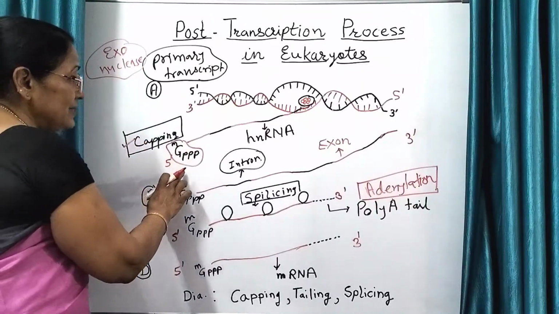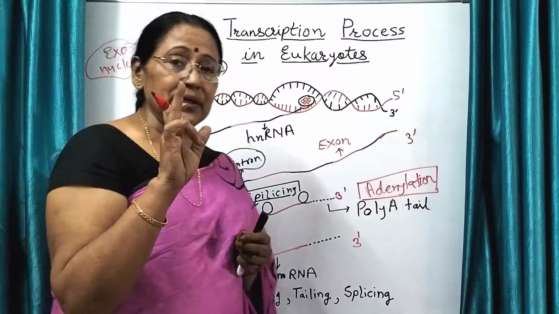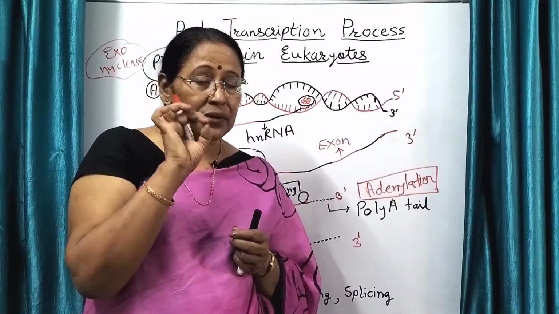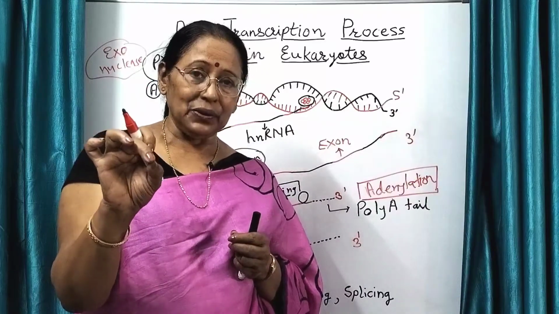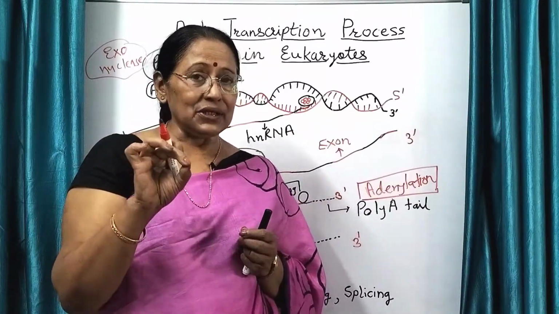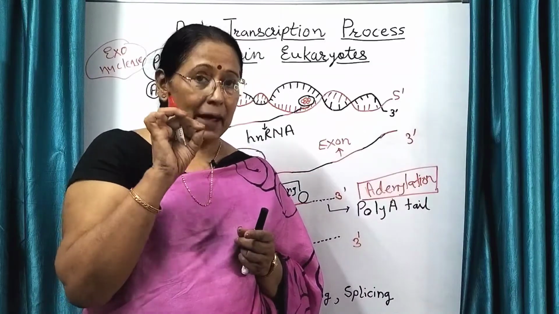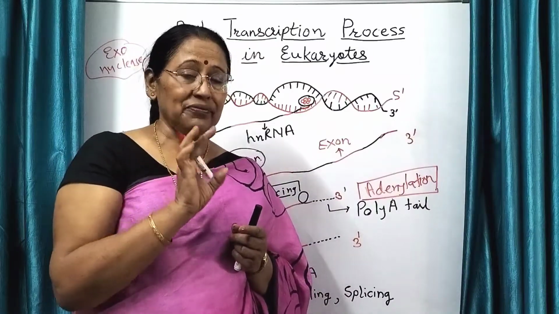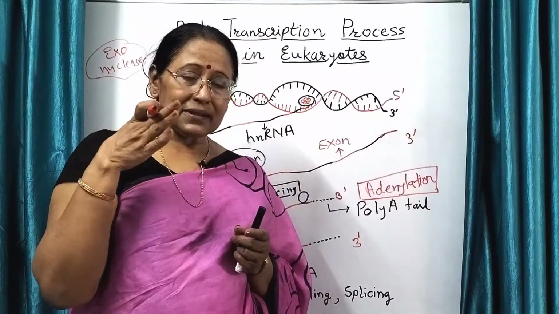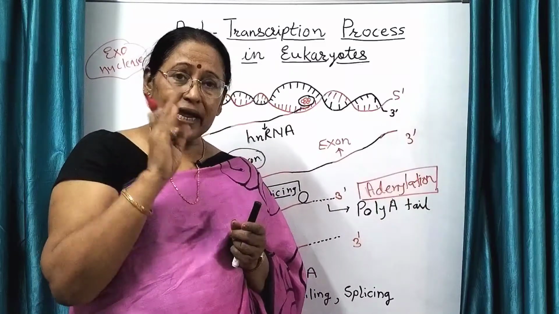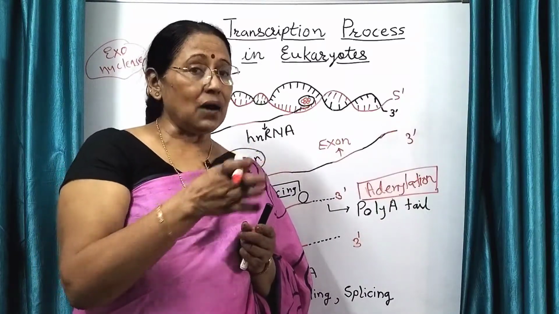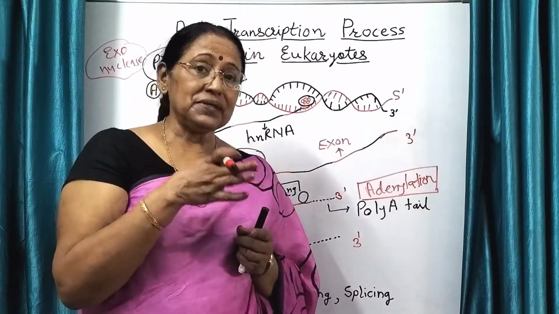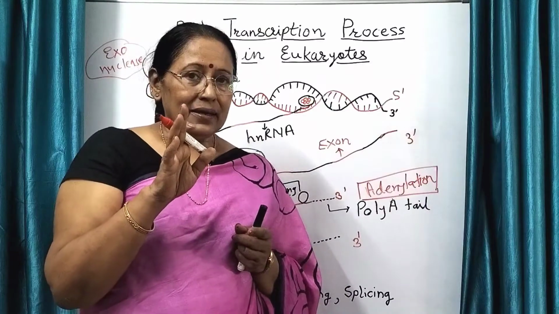Another function: in eukaryotes, the primary transcript is present inside the nucleus. It will move out of the nucleus into the cytosol, then the process of translation will take place. This capping, the methyl guanosine triphosphate addition to the 5' end, helps the mRNA to move out of the nuclear membrane through the pores. When it moves out, then it is mRNA.